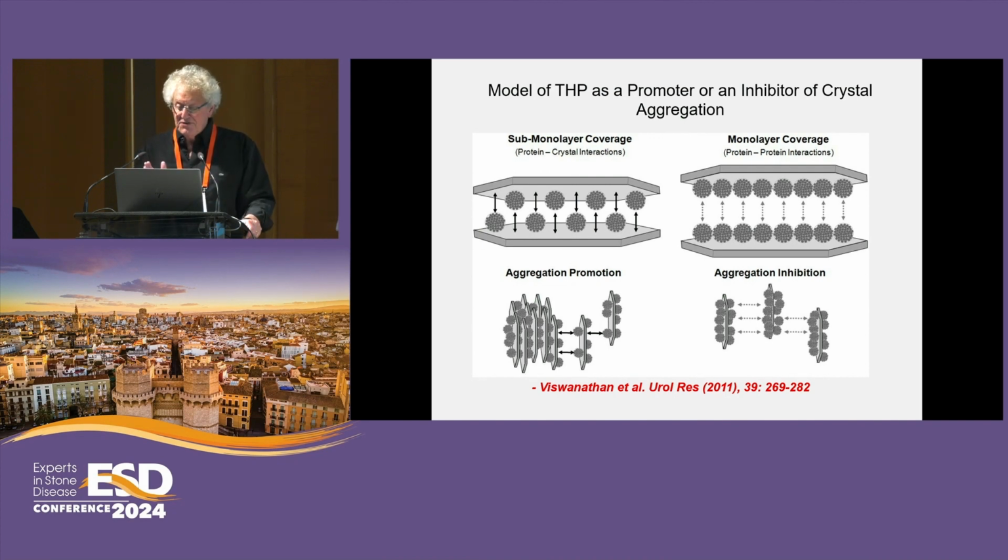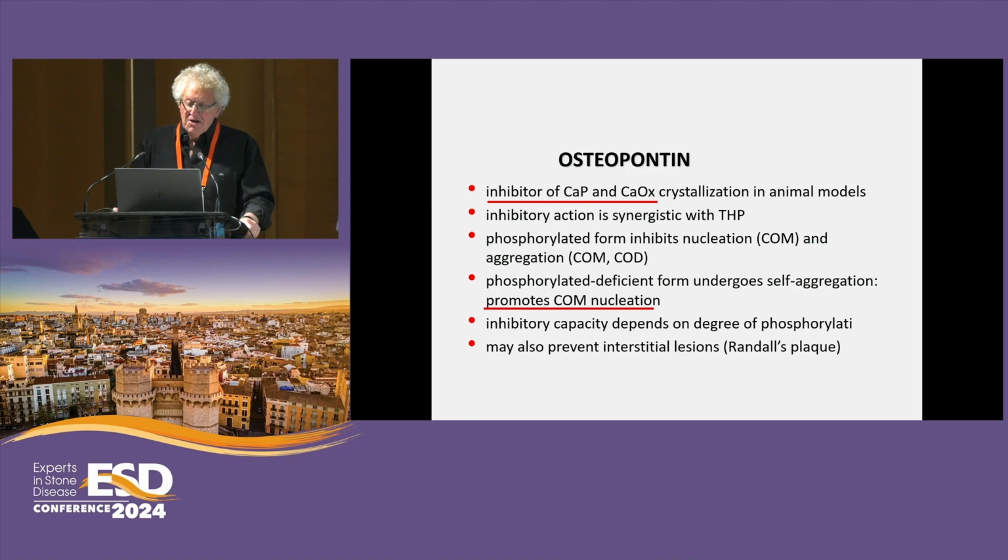If you move over to the right-hand side of the diagram, that's complete coverage where those spheres are the macromolecules. If that's the case, then there's repulsion between the crystals, and we get aggregation inhibition shown at the bottom. Very difficult to follow and characterize.